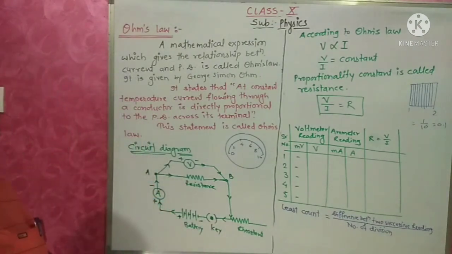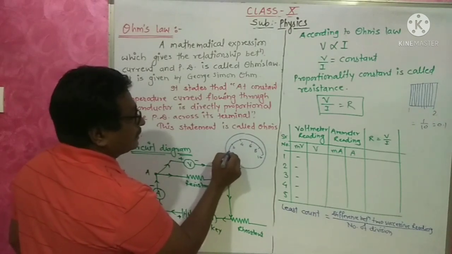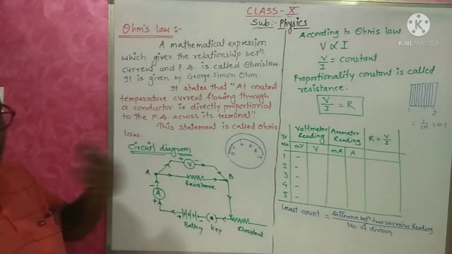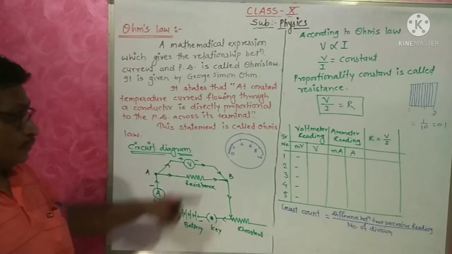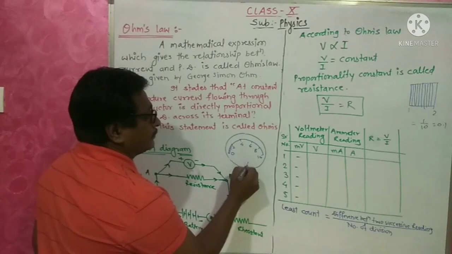In this way marking is there. And in between these two readings, ten lines are there. How many lines? 10 lines.